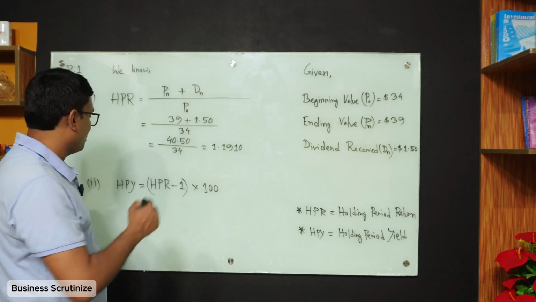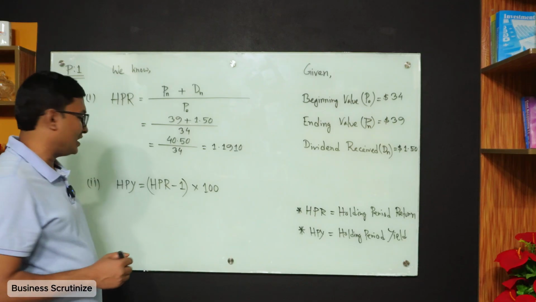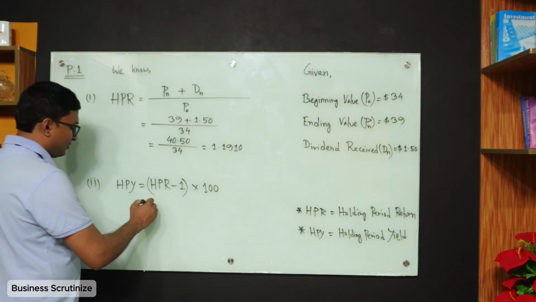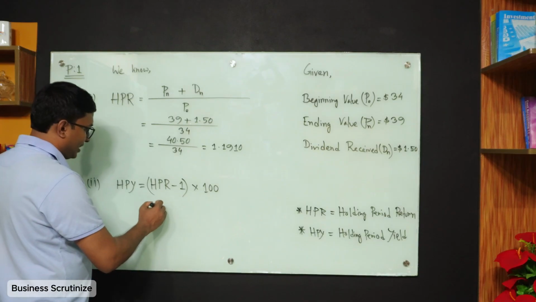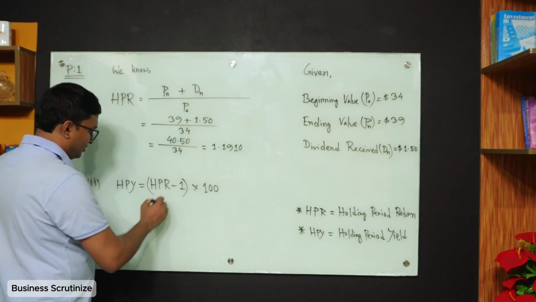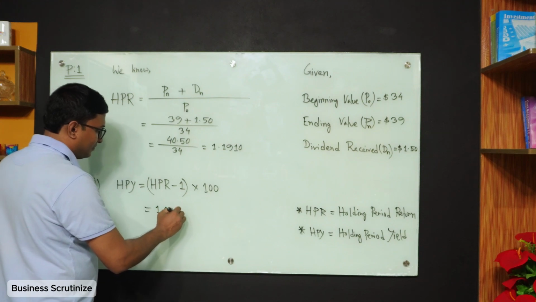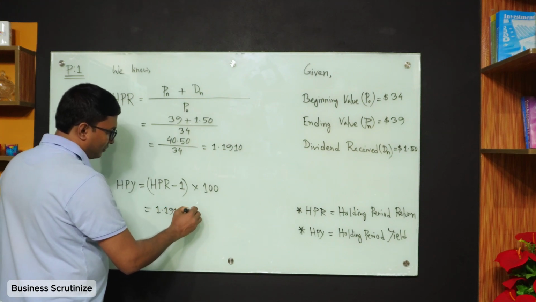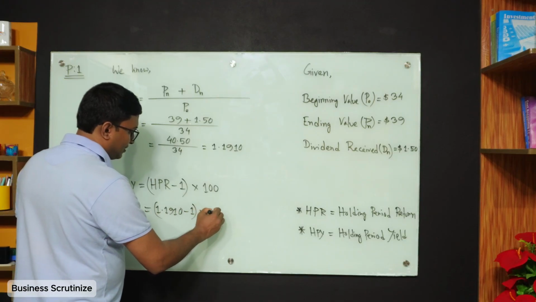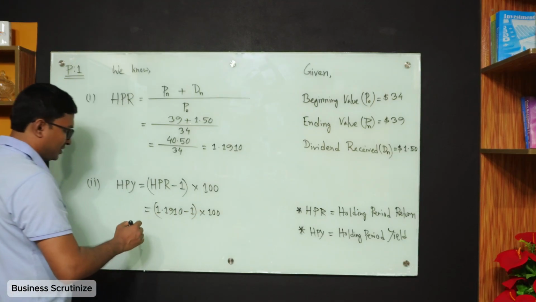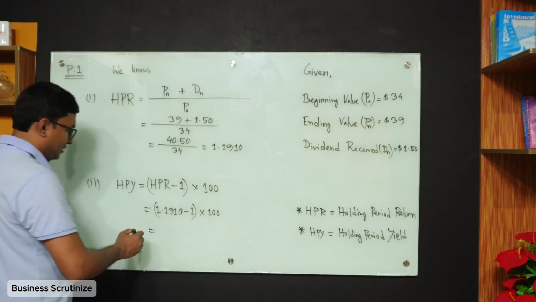To show it in percentage, in the second equation, HPY, which is the rate of return of the investment, we write HPR, which is 1.191, minus 1, and for percentage we multiply by 100.